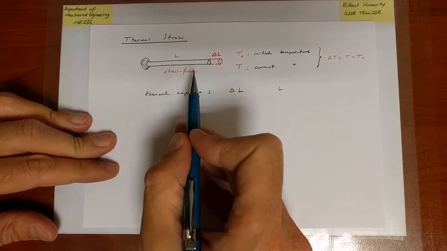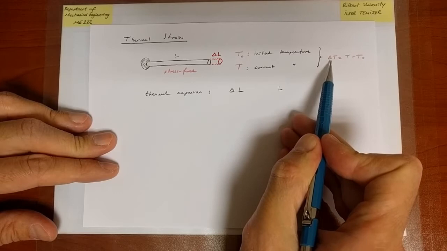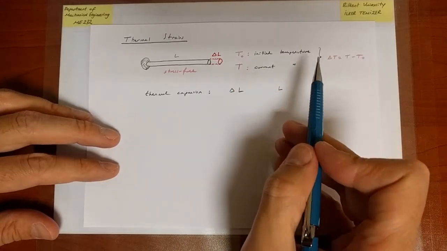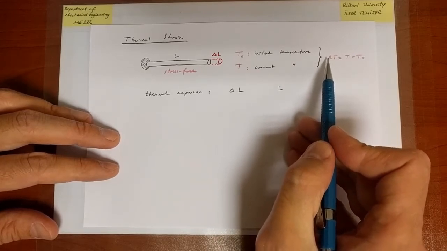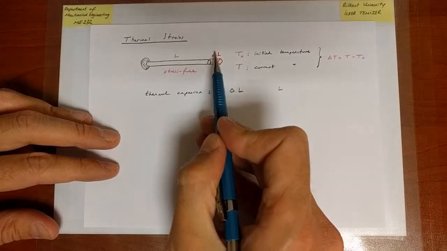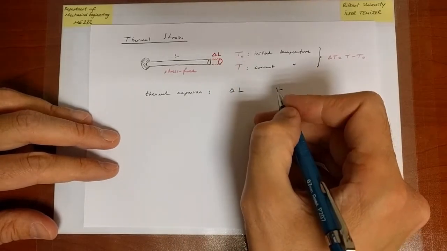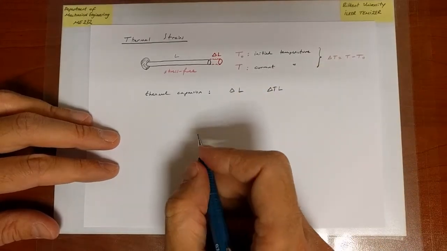Then we also observe that if we say double the temperature change, which in this picture is assumed to be positive, along with another parameter that we're going to eventually talk about, but if delta T is doubled, then we see that delta L is doubled. Okay, so we see that ultimately delta L is proportional to delta T as well.